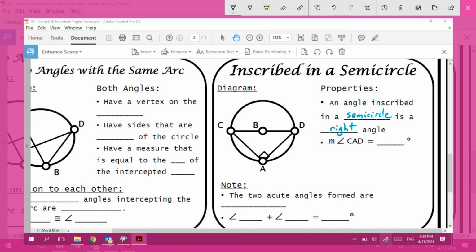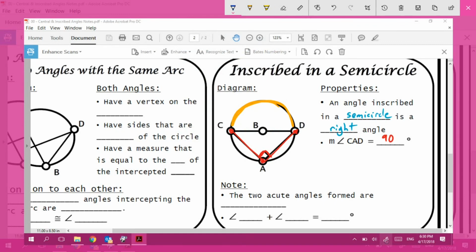So if you take a look on our picture right here, notice how the angle CAD, let me highlight this thing, CAD. Look at the arc it intercepts. That's a semicircle, right? That means that this angle right here, CAD, is a right angle, which means that the measure equals 90 degrees. All right, now something else you need to know.